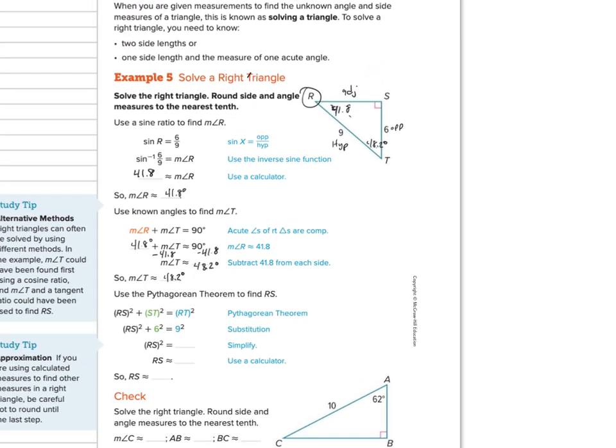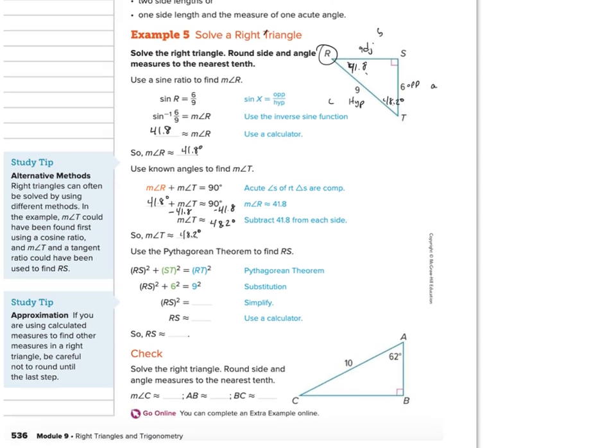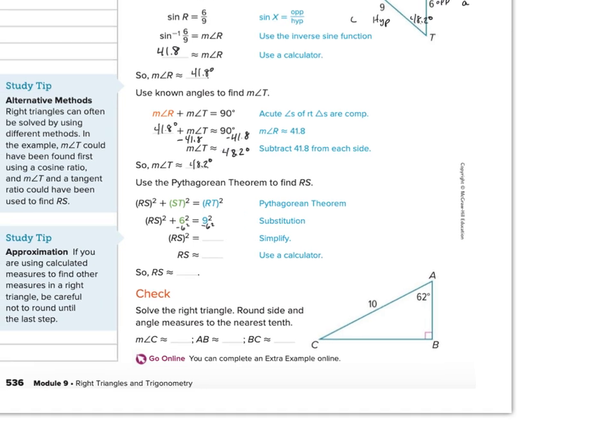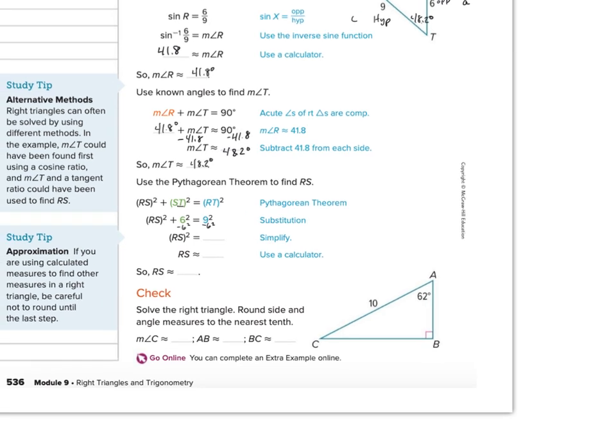Using the Pythagorean theorem now, you do have the side lengths necessary. You have two side lengths, so we could use the Pythagorean theorem to come up with those different values. So substituting for ST and RT, RS squared plus 6 squared equals 9 squared.